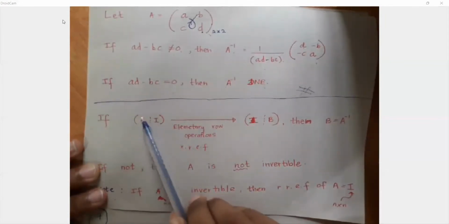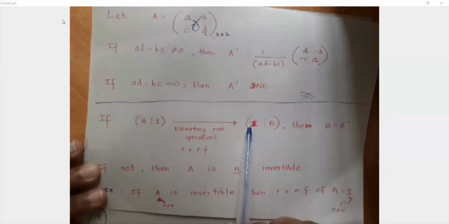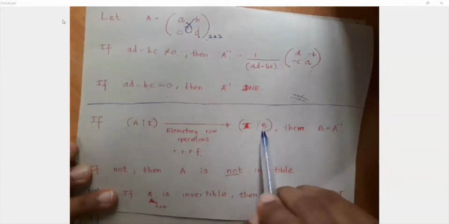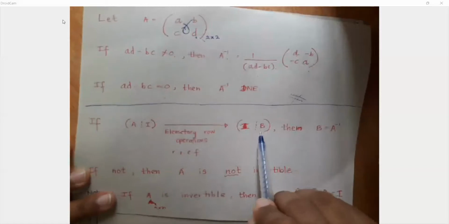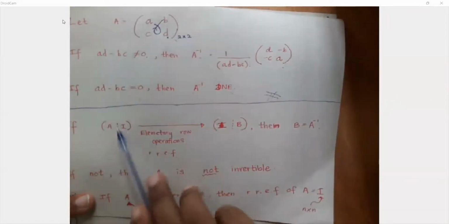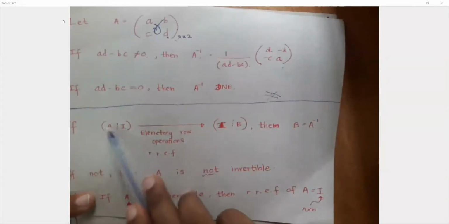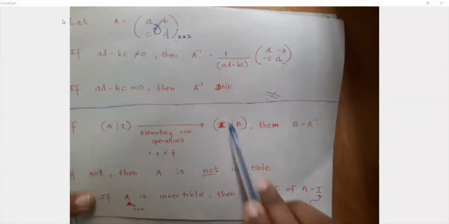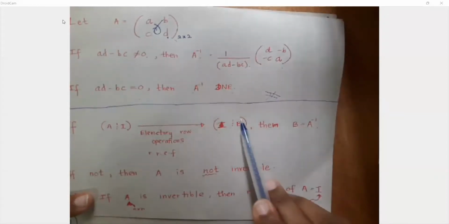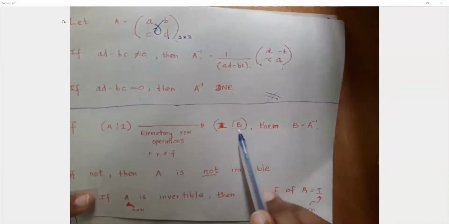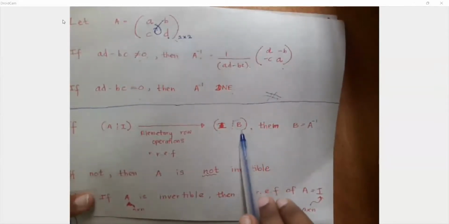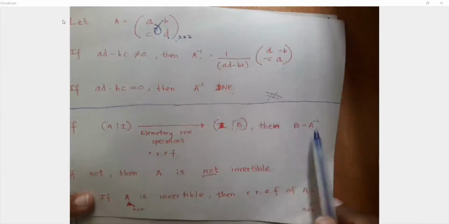We can convert this A into an identity matrix and we will get some B. We don't know that one. So we say if we can convert this A into an identity matrix, this B is the A inverse.